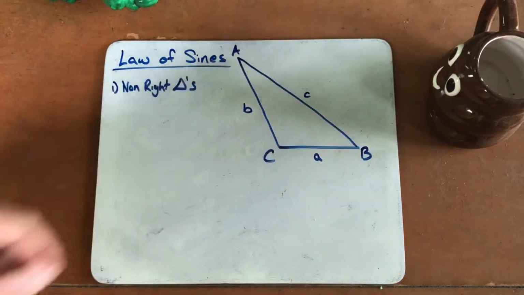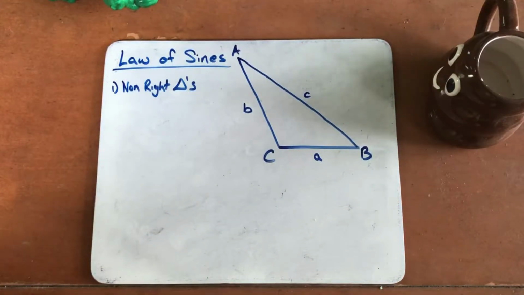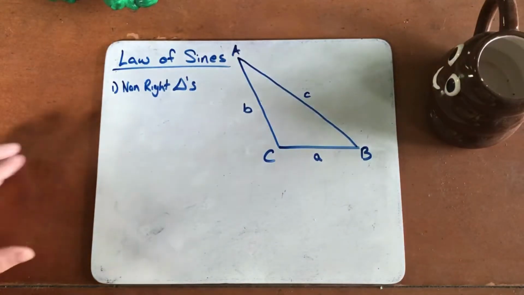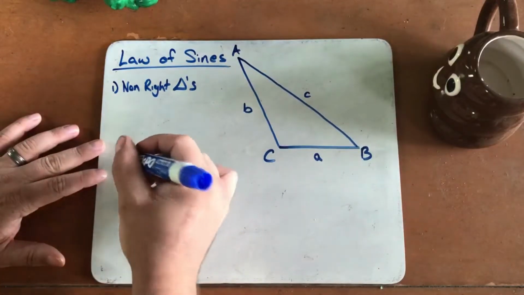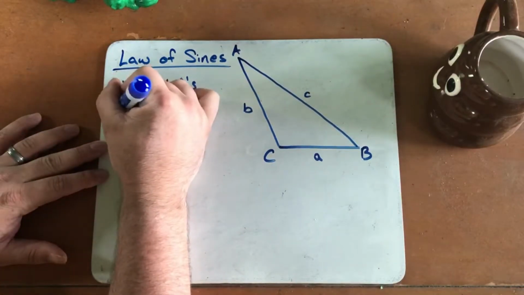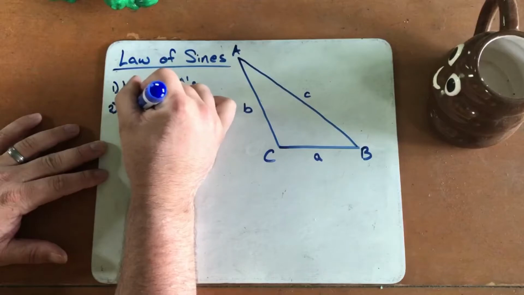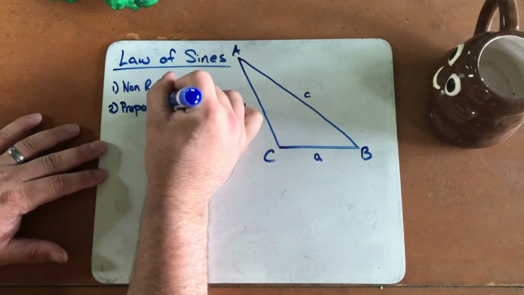All right, now we're going to use this to help us keep in mind the appropriate order and combinations for the law of sines. The way the law of sines works is that it is just a set of proportions.